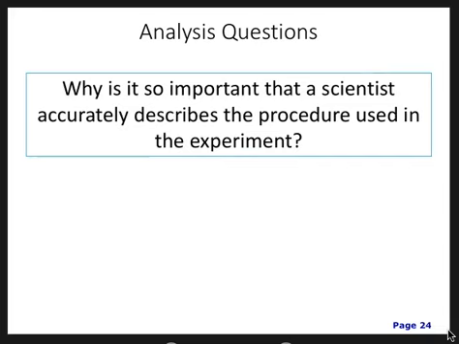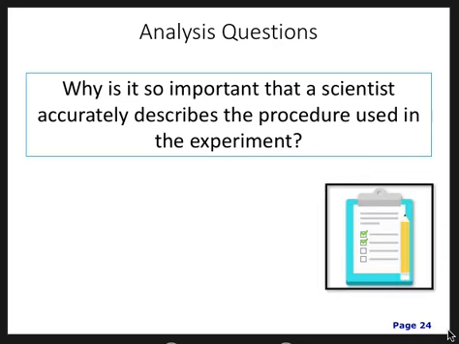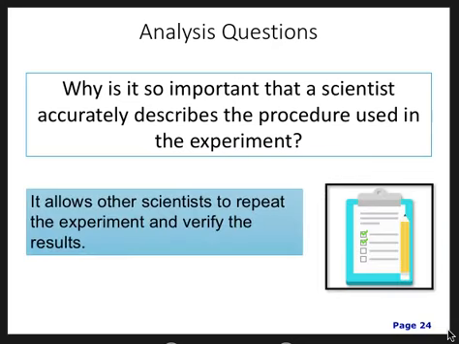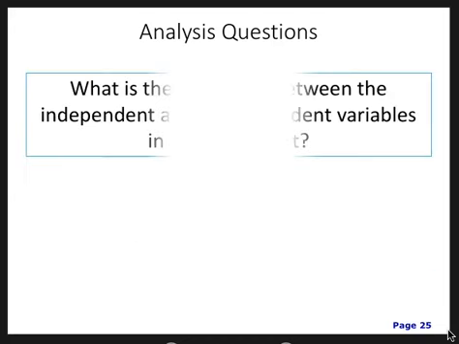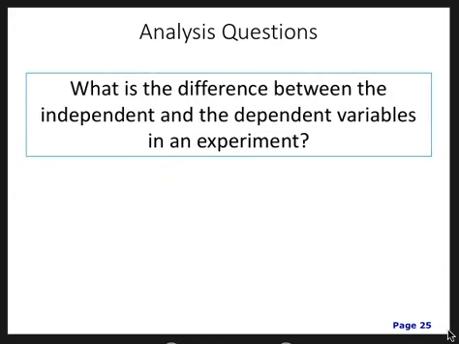Why do we need good record keeping? Why do we need scientists to accurately describe their procedure? Remember what we said, it needs to be able to be repeated by others so that it can be verified and considered valid. Know your difference between independent and dependent variables.